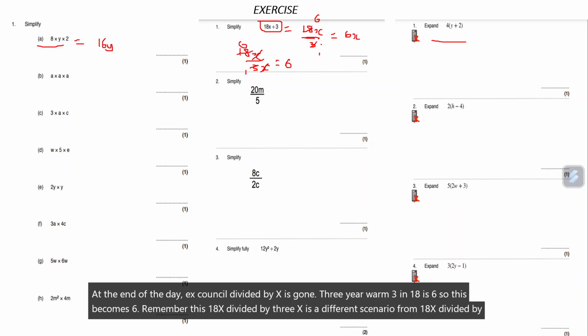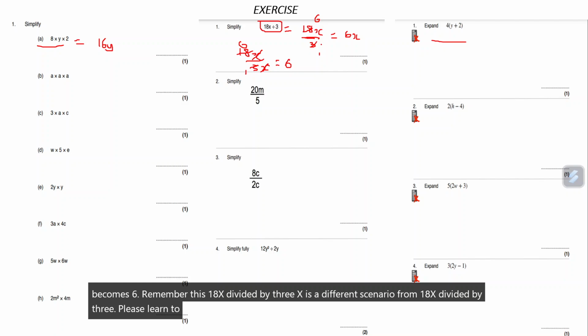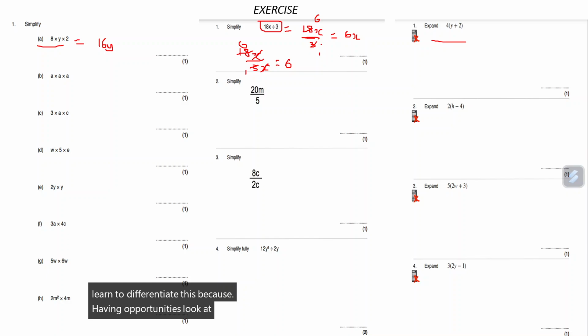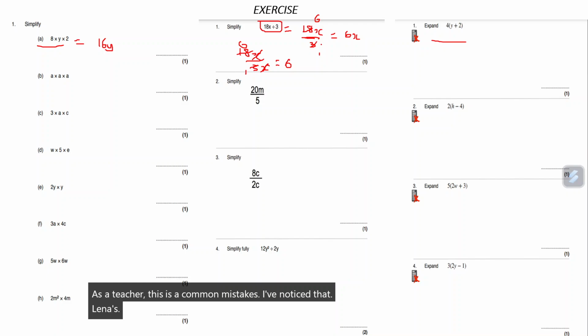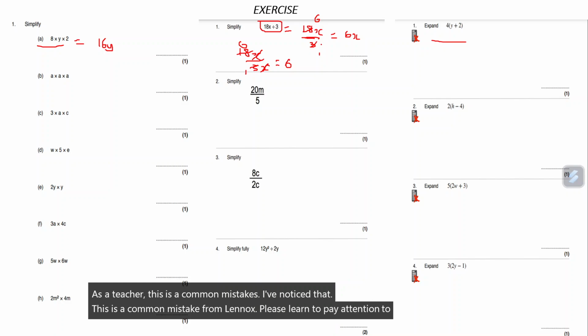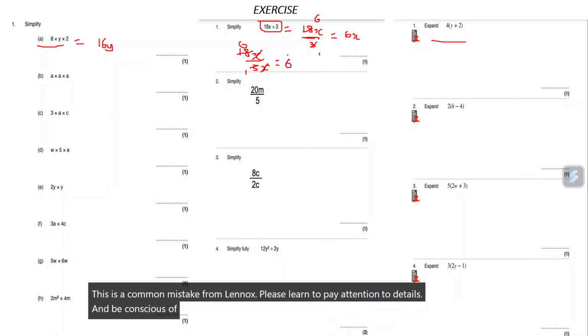Please learn to differentiate this, because I've been opportune to mark assessments as a teacher. This is a common mistake I've noticed from learners. Please learn to pay attention to details and be conscious of questions like this.